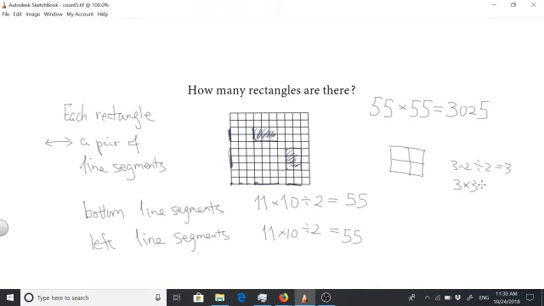That's how we counted it. For the warm-up, we counted 9 rectangles, right? Okay, so this is how you count the number of rectangles, and this trick works basically in all the cases.